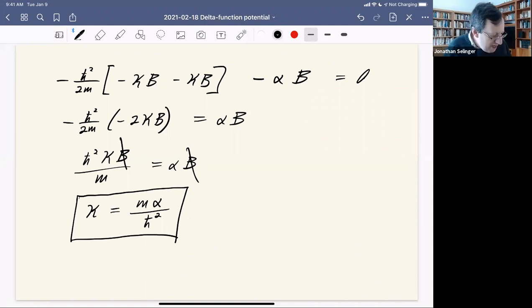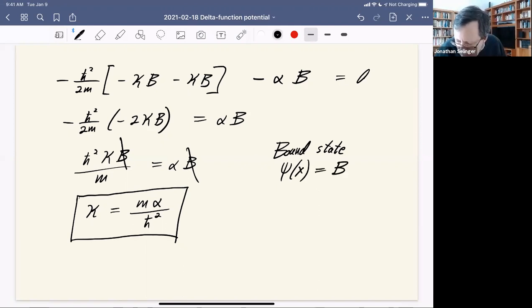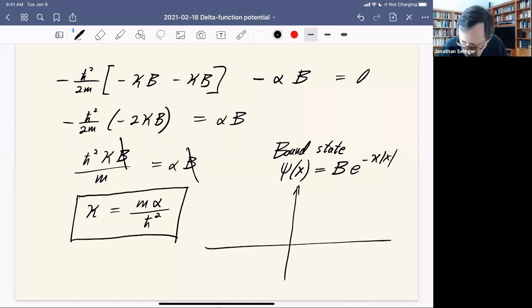So it tells us that there is a bound state with a specific value of κ. And the equation for this state is ψ of x is e to the minus κ absolute value of x.